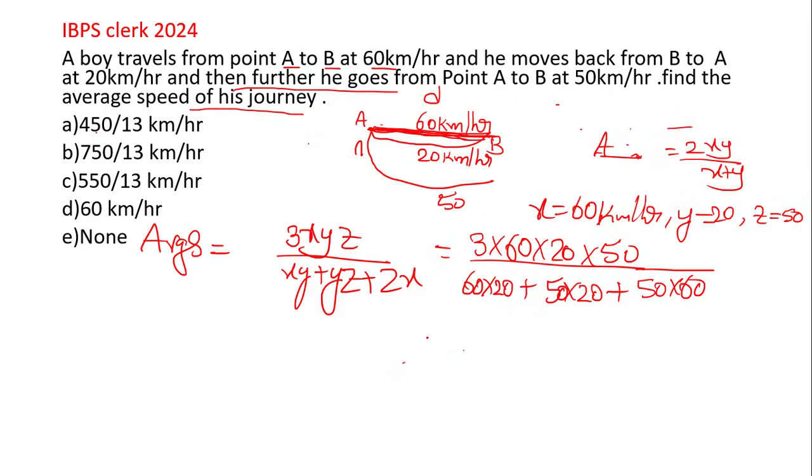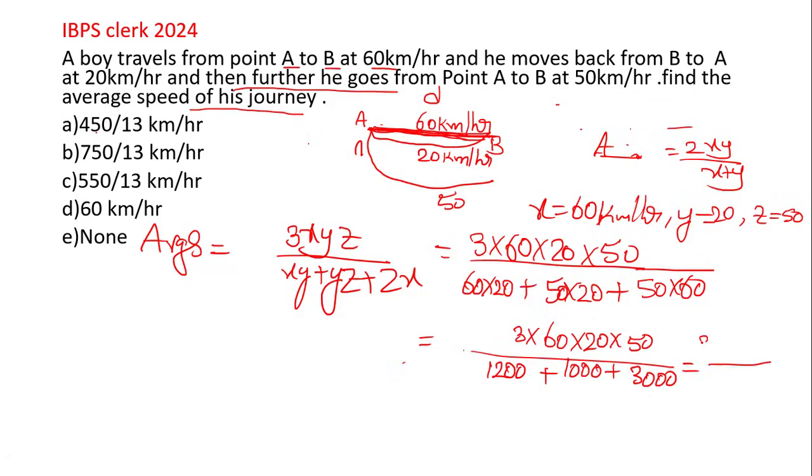Again, if you go with this, you'll get the same answer. 6 twos are 12, so 1200 plus 5 twos are 10, two more zeros. 5 sixes are 30 and two more zeros. I would recommend you not to go with this, but in case you forget, this is only for your understanding. Here, as usual, I'm not doing any calculation because after the final calculation, you can cross-cancel.